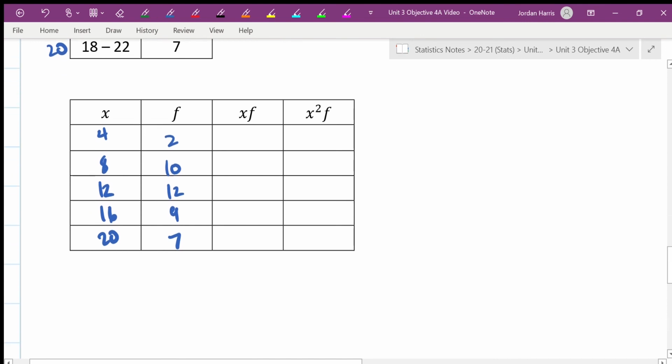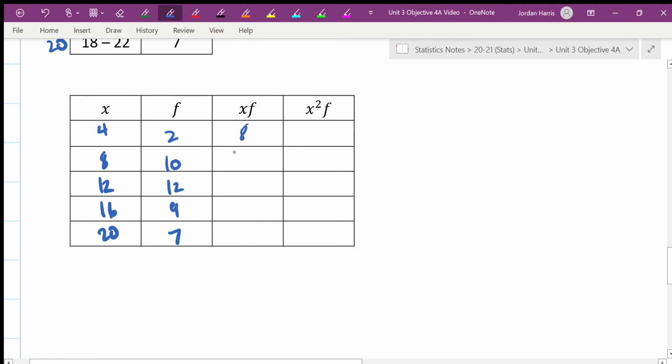Okay. Then we just go through our normal steps. So I'm multiplying x times f. Next, I'm squaring the x times the f. You probably want to use a calculator for this one if you don't know how to do it, because these get much larger values.